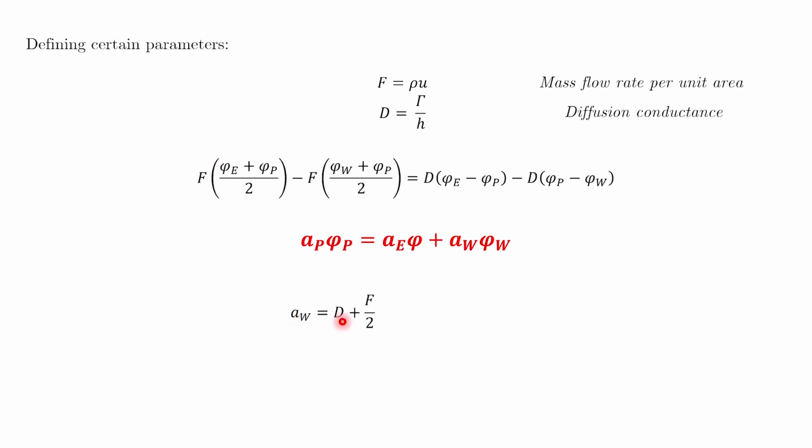AW would come out as D plus F by 2, AE would come out as D minus F by 2, and AP would come out as the sum of these two coefficients, which would simply be equal to 2D, but I am keeping this F by 2 to convince you that this summation is nothing but the summation of the neighboring coefficients.